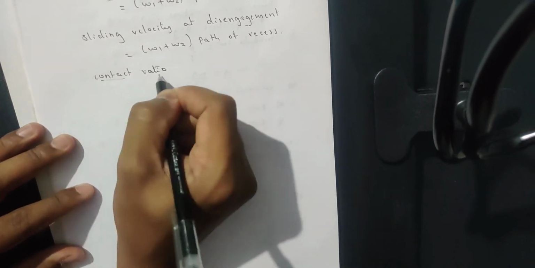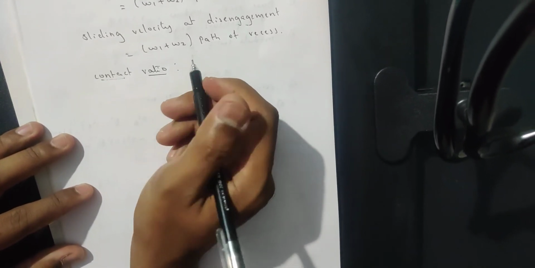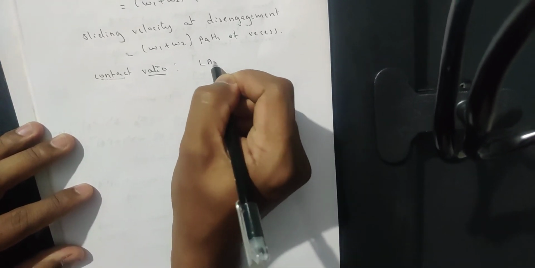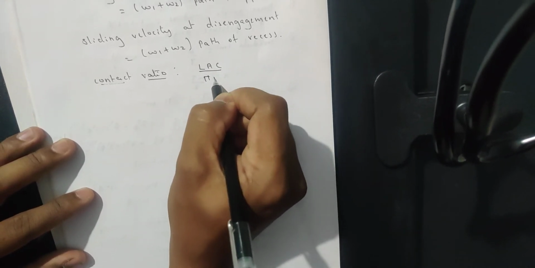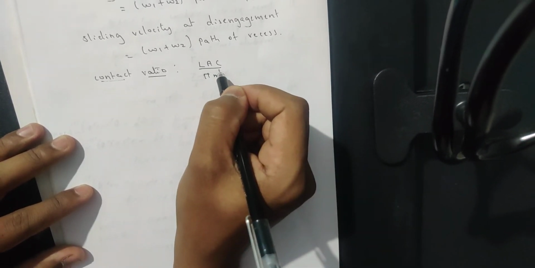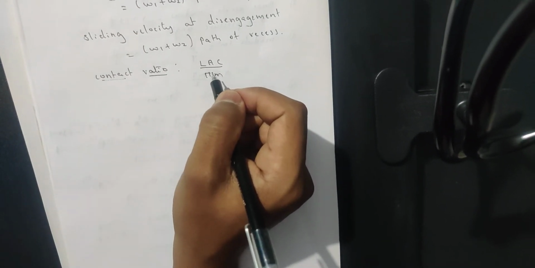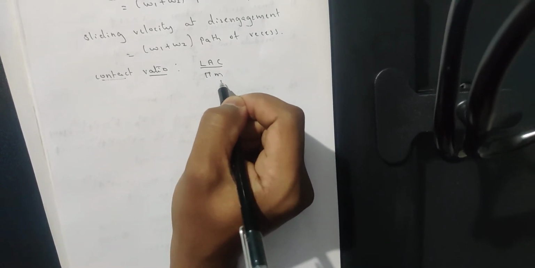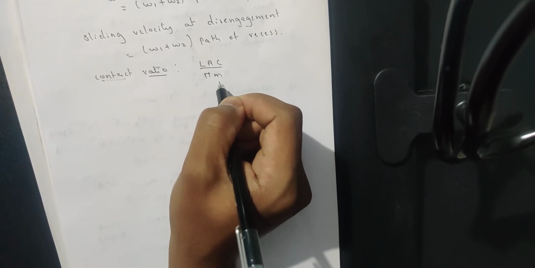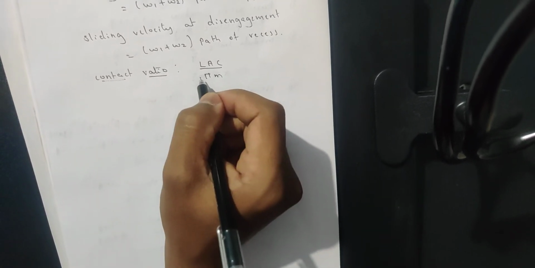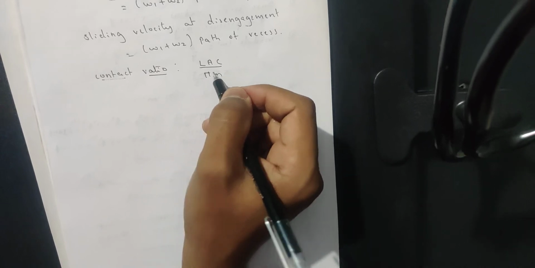The contact ratio is basically given as LAC upon pi m, where LAC is the length of arc of contact, and m is the module of the gear. Okay, so this is the formula you need to remember. This is also an important formula here.